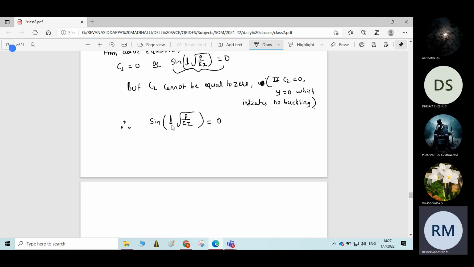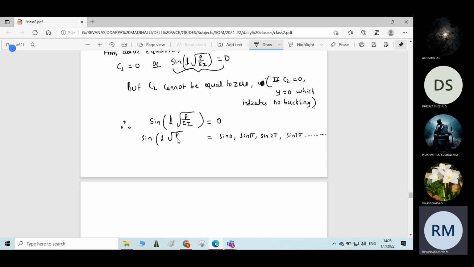We assume this L root P by EI as theta, sin theta equal to 0. What should be the value of theta? Either it may be sin 0 or sin pi, or sin 2 pi or sin 3 pi and so on. Correct?